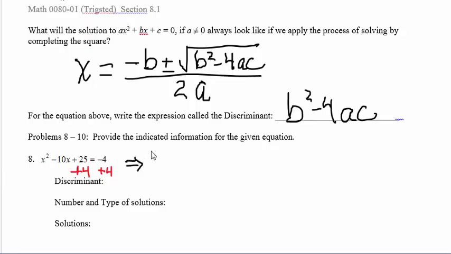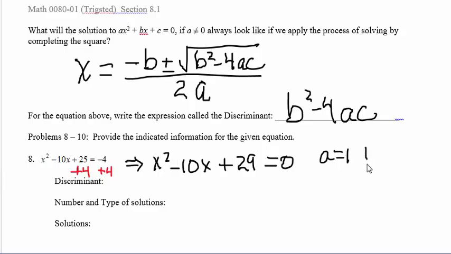So this equation becomes x squared minus 10x plus 29 equals 0. So a is the coefficient of x squared. That's an unwritten 1. B is the coefficient of x. That's negative 10. C is the constant in the problem. That's 29.